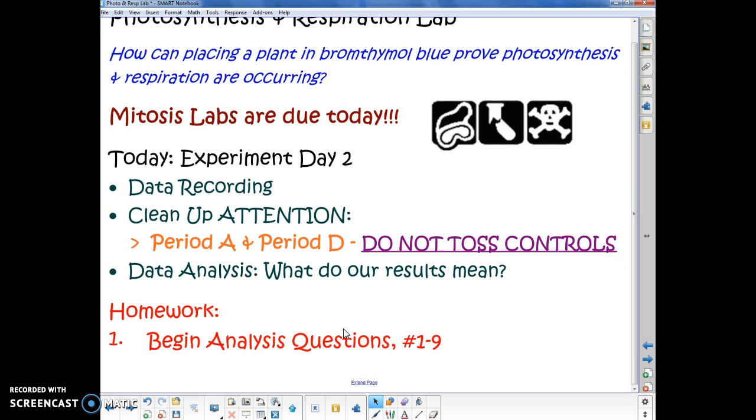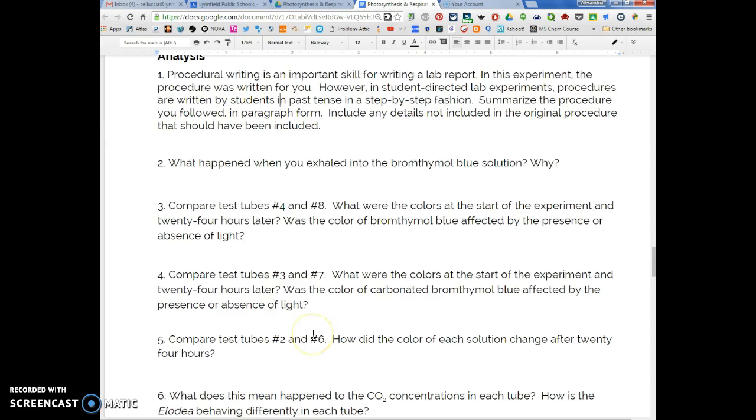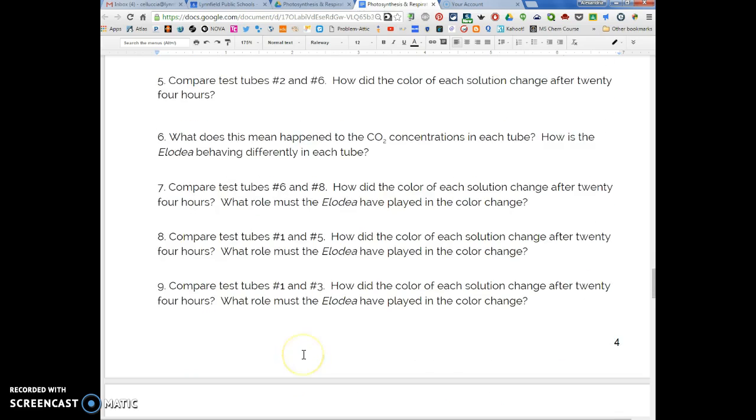Tonight, I'd really like you to start for homework on the analysis questions 1 through 9 that are in your lab. Ideally, you'll have accomplished a couple of them during class, since you're simply looking at the plants, recording and cleaning up. You probably will have about 20 to 25 minutes to be able to write your analysis of these questions.